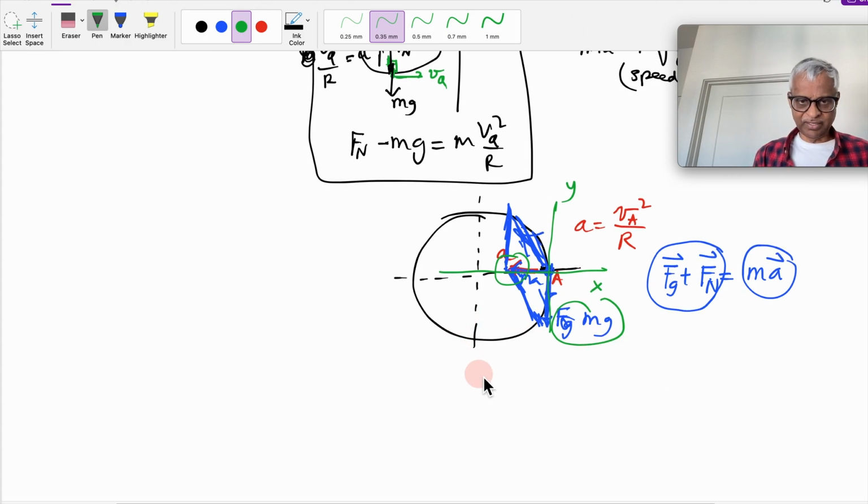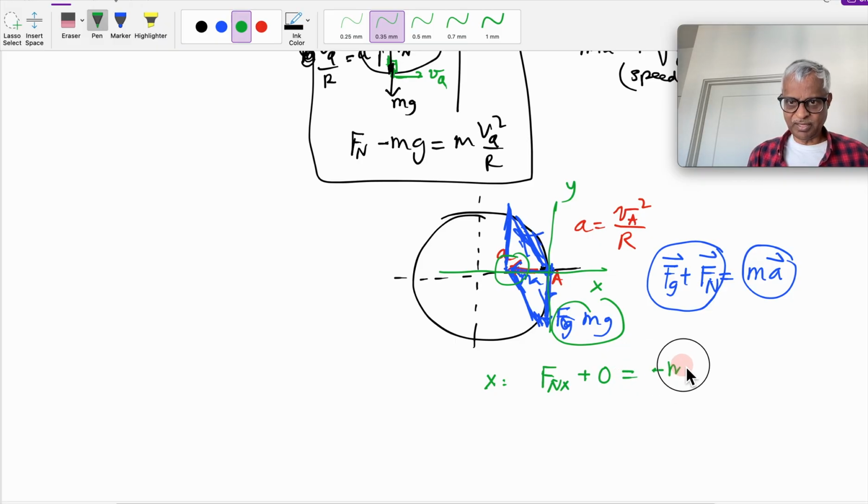So let's look at x. In the x direction, we're going to have some Fnx, mg will be 0. On the other side, it would be minus m va squared over r. So this gives me the x component of this force.